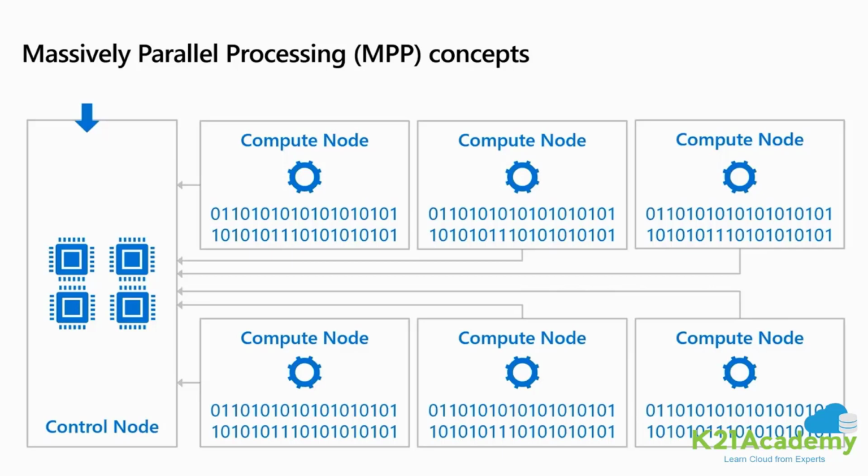So 60 queries on 60 compute nodes are running in parallel, and those 60 compute nodes are pulling the data from storage nodes and doing huge transformations in a parallel manner. This entire architecture is called MPP, or massively parallel architecture. And Synapse is pretty powerful when it comes to running queries and transformations on huge amounts of data for analytical processing.